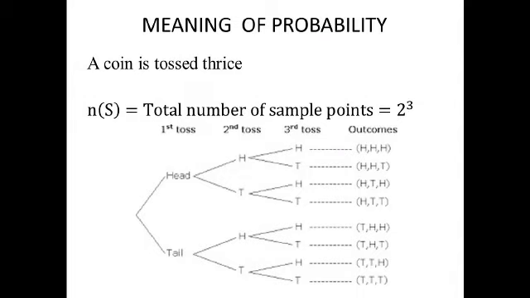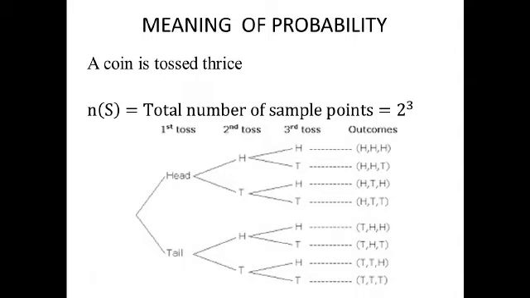So if a coin is tossed thrice, then the tree structure would be as follows. If the coin is tossed for the first time, the outcome can be either a head or a tail. If it is a head, then the second toss can be either a head or a tail. If the second toss is a head, then the third toss can be either a head or a tail.